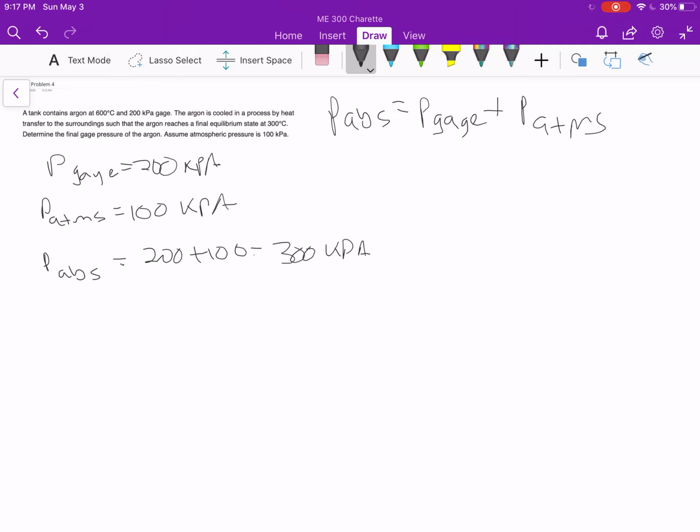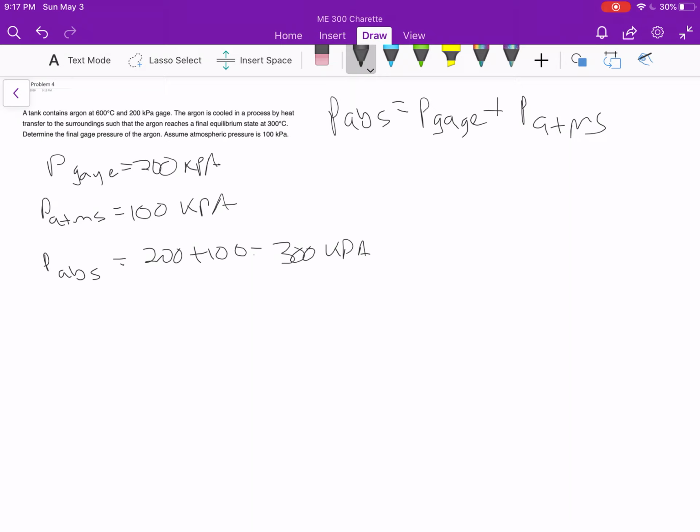Now, since we know that argon is an inert gas, we can assume it's ideal. And then, since we know it's ideal, we can use the ideal gas law. We also know that it's a closed tank, so volume is constant.